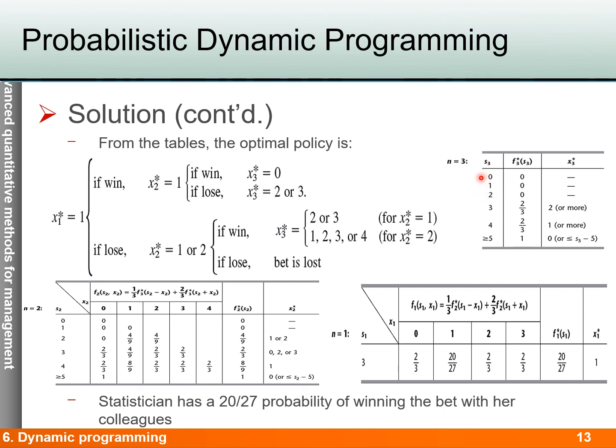So in both parts, as we discussed before, the bet is lost. So this is the conclusion and the results that you should obtain with a probability of 20 divided by 27 of winning the bet here. Let's conclude this chapter in the next slide.